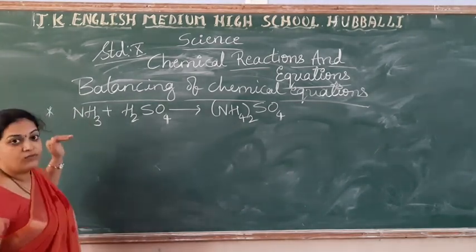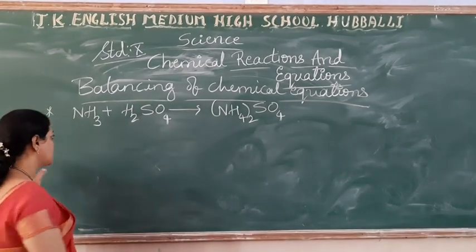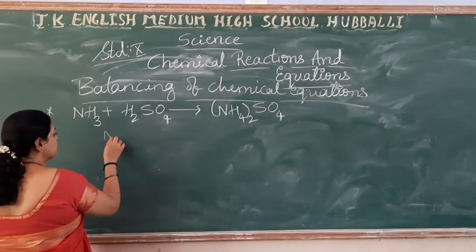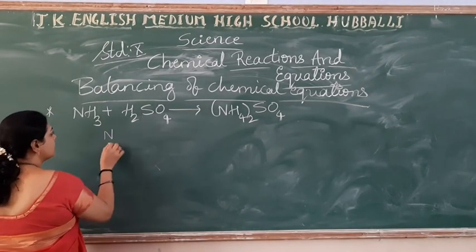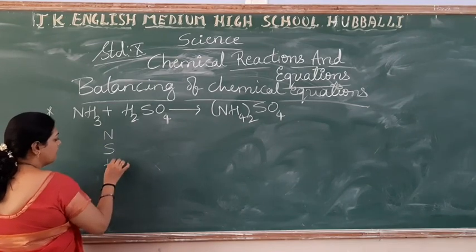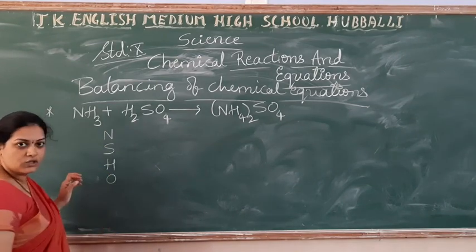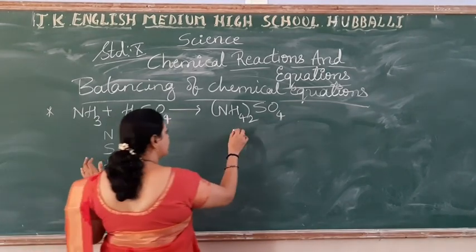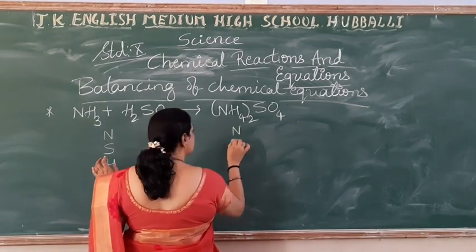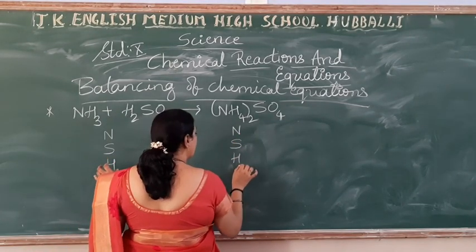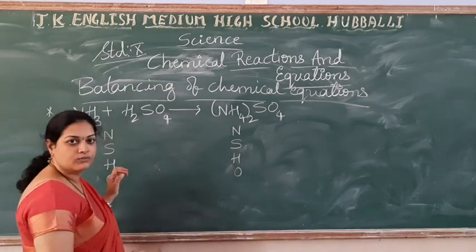Now first, what is the first step students? You have to check the number of elements: nitrogen, sulfur, hydrogen, oxygen, right? This side, product side also, nitrogen, sulfur, hydrogen, oxygen.